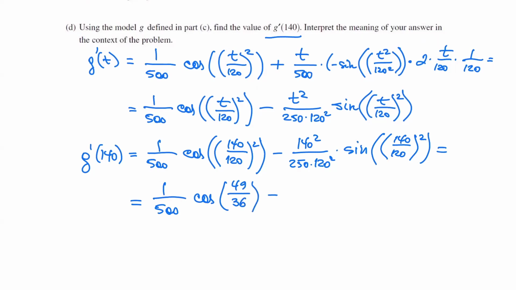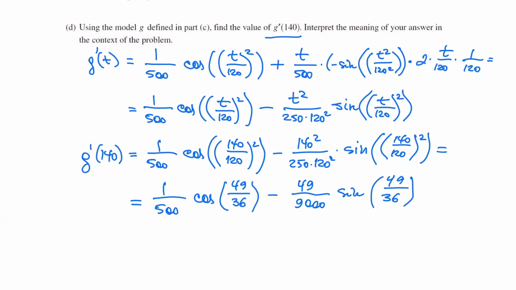Minus, again, 140 over 120 is 7 over 6, so this is 49 over 9,000, times sine of the same argument, 49 over 36.